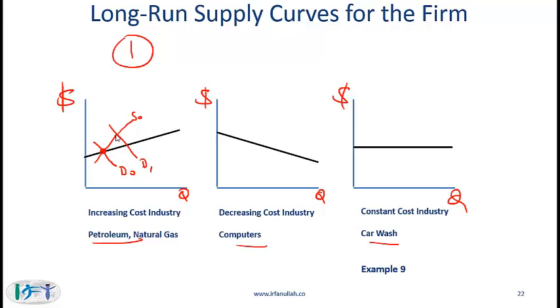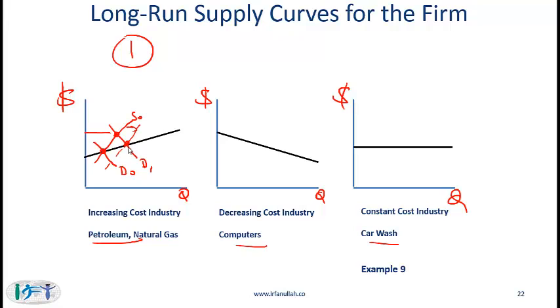And the prices over here at E2 are obviously much higher. There will be economic profits, and because of the economic profits, other firms will come in. The supply curve will shift to the right, and eventually we will end up at this point over here, E3.